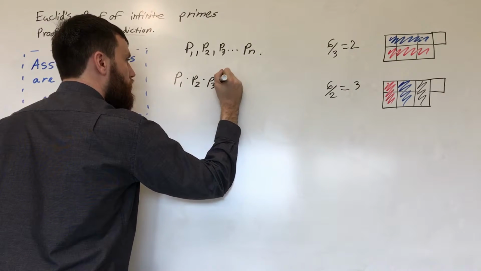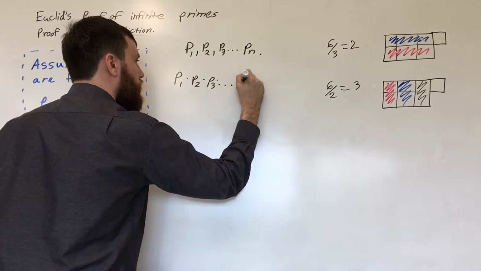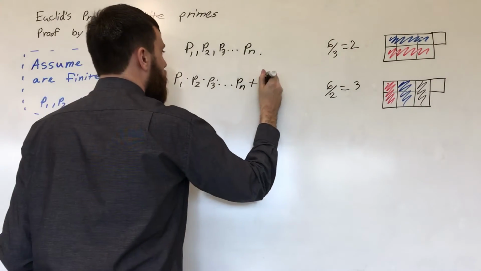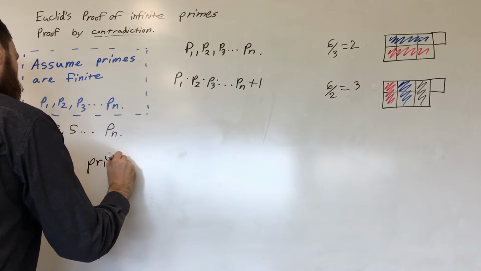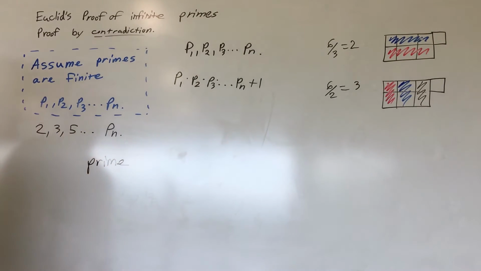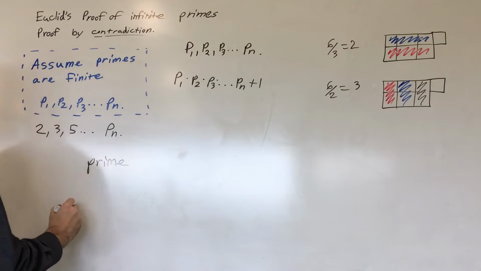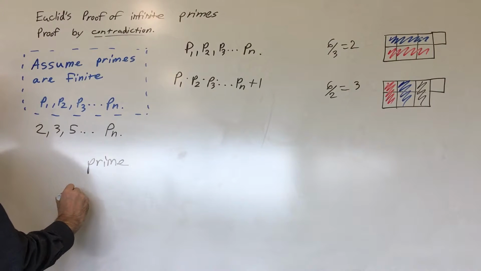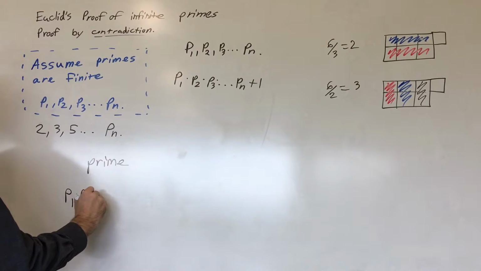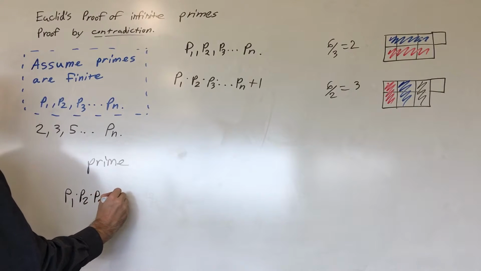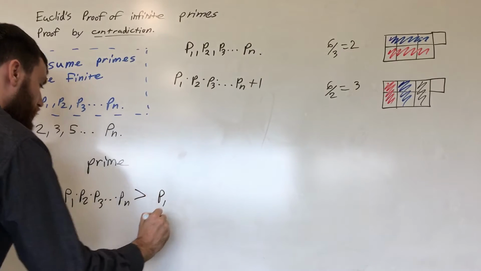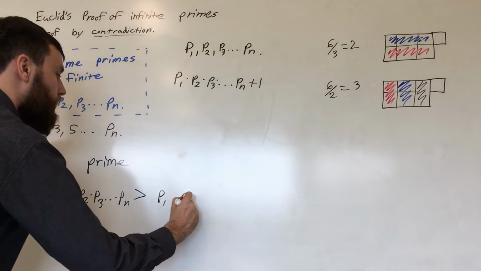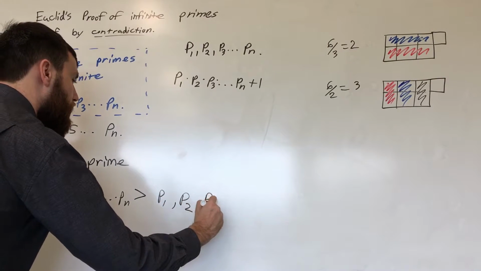And then we're going to add 1. We're going to assume that number is prime. If that number is prime, P1 times P2 times P3, etc., all the way to Pn is surely greater than P1. It's surely greater than P2. It's surely greater than P3.